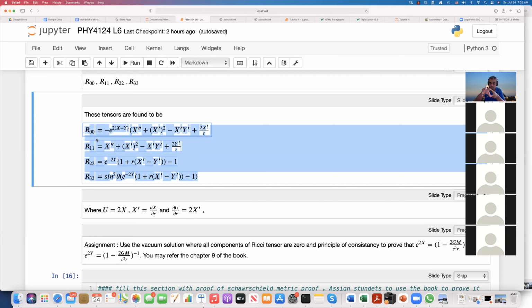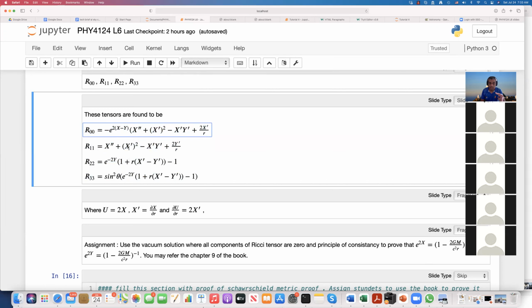You have proved it earlier, and then you can make all these four components equal to 0, right? Now, when all these components are equal to 0, you can equate each other to find these coefficients.